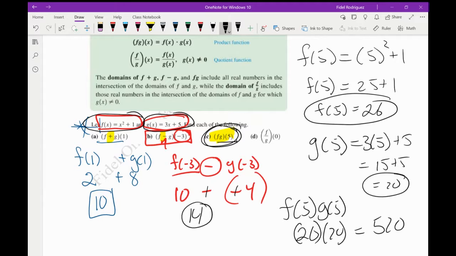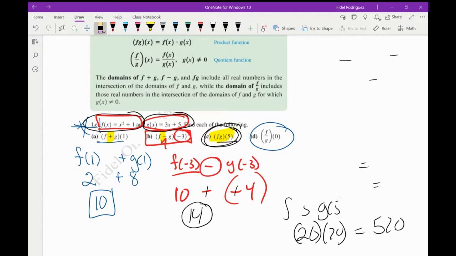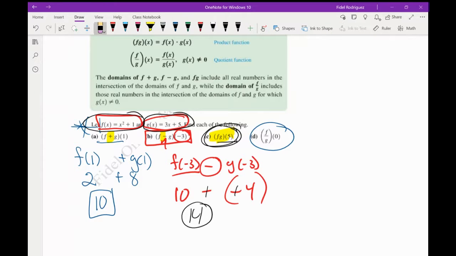Good. And look what number we're going to plug in. We're going to plug in 0. Okay, so look, let me do this. I'm just going to clean this mess up because I don't need it for every single one. Okay, so now let's do this.